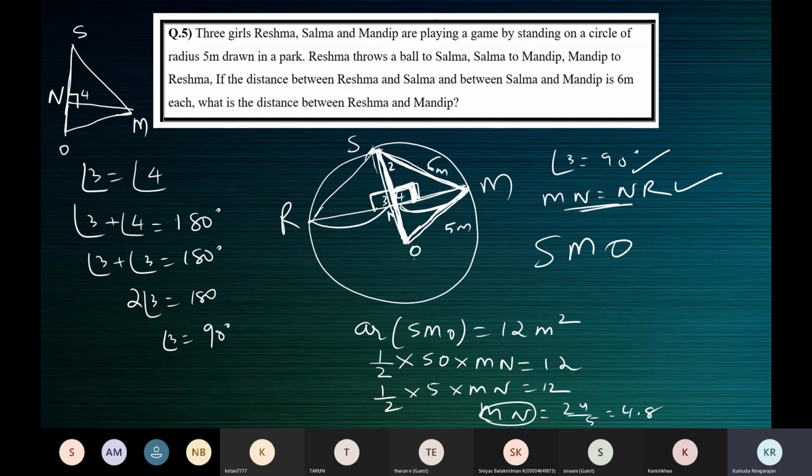Since MN is 4.8, NR is also 4.8, because we proved that these two triangles are congruent and we have this result MN is equal to RN. So if this is 4.8, this is also 4.8. Twice 4.8 is RM or MR, which is 9.6 meters.